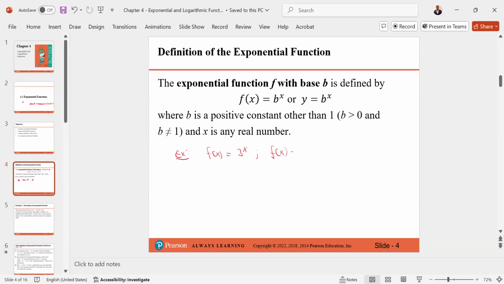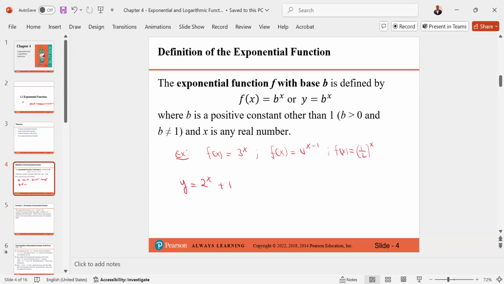F of x equal 4 power x minus 1 is an exponential function. F of x equal 1 half power x is an exponential function. We can write y as well. If I have 2 power x plus 1, those are all examples of exponential functions.